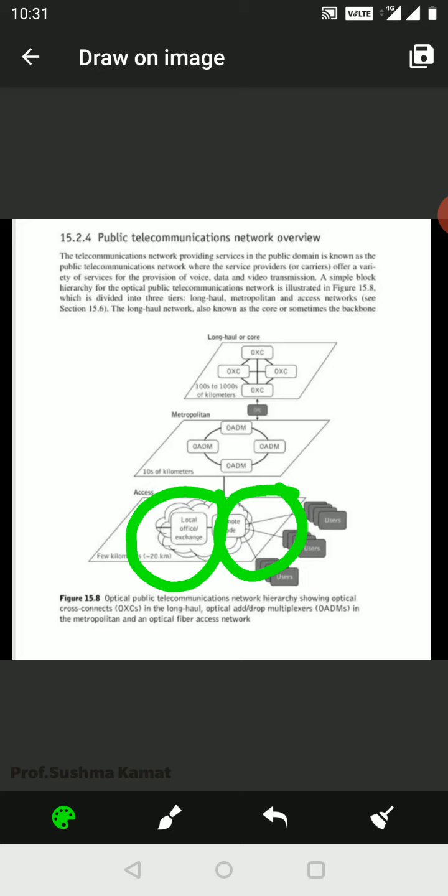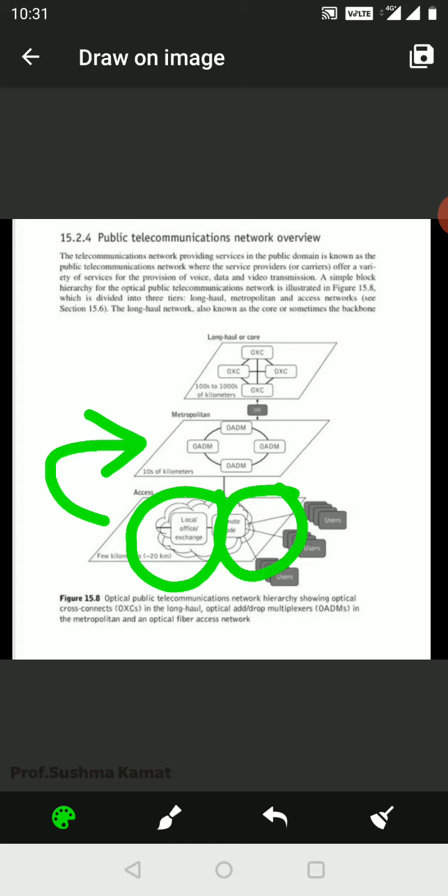This is in order to provide the larger interconnectivity and to provide the local offices and exchanges with the metropolitan area network. If you want to connect this to the metropolitan area network, then you will require something called the remote node, which is connected to the local office exchange. So this is about the hierarchical explanation of public telecommunication network overview.